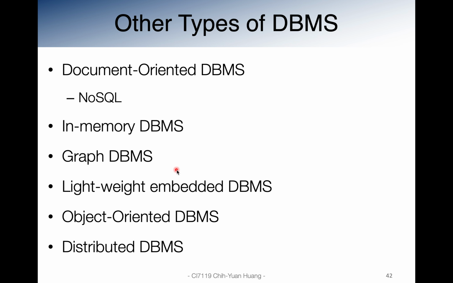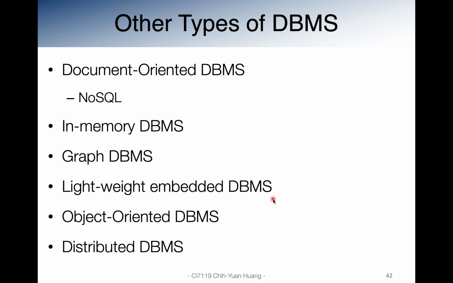Some lightweight embedded DBMS also come in handy, for example SQLite. For mobile phone applications or embedded devices, if there's a need to manage data in an organized way, then these lightweight embedded DBMS can be useful.